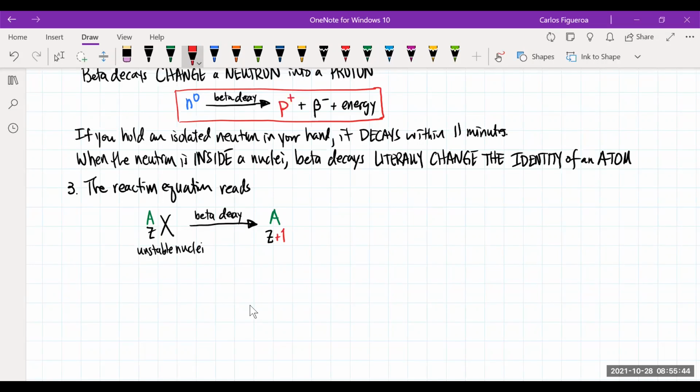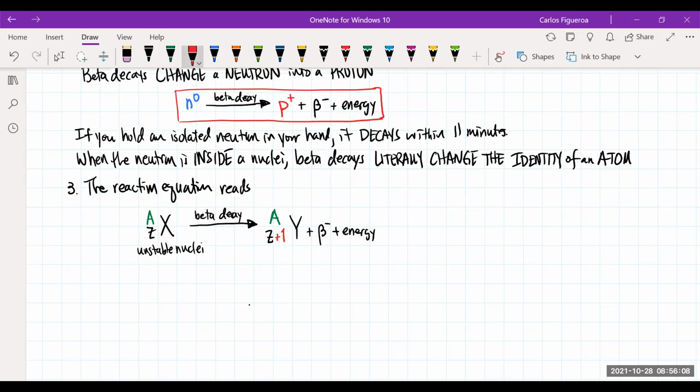Why? Because I changed a neutron into a proton. So now I have an extra proton. So I decrease the number of neutrons and I increase the number of protons. And then I have a new element here, plus it emits the beta, plus the energy.